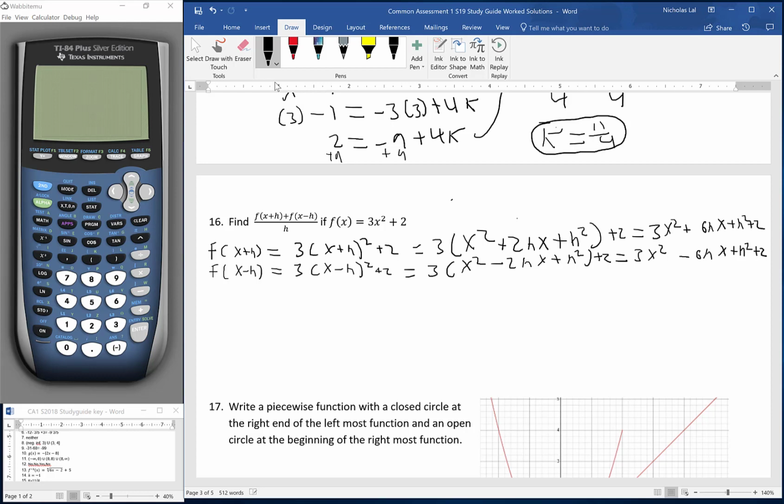So now I have f of x plus h plus f of x minus h all over h. So we've completely distributed and expanded f of x plus h and f of x minus h.